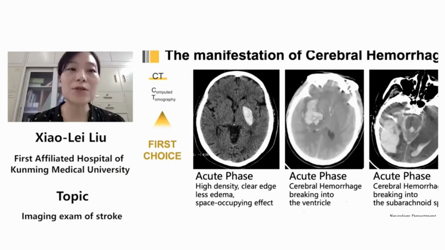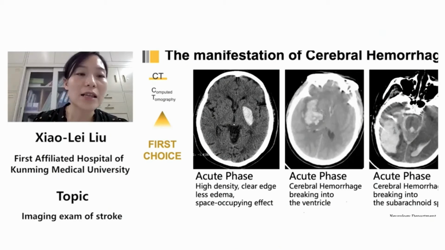Now let's move to the manifestation of cerebral hemorrhage. It is different from the ischemic stroke. The CT scan is very sensitive to detect cerebral hemorrhage.